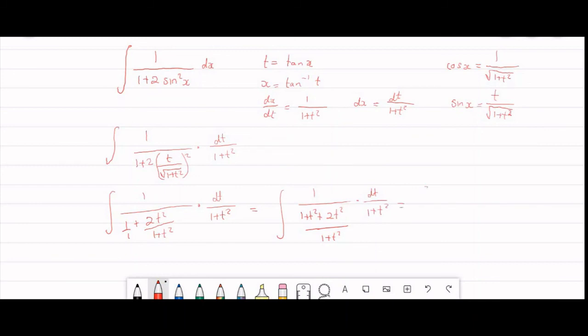So to summarize this, we would say an integral, this will cancel this, so we'll have 1 over, so these are like terms, 1 plus 2t squared plus t squared will have 1 plus 3t squared. So therefore now we can integrate.